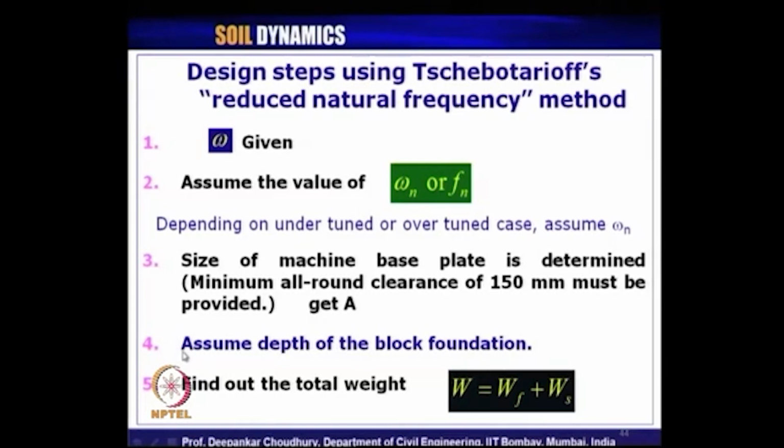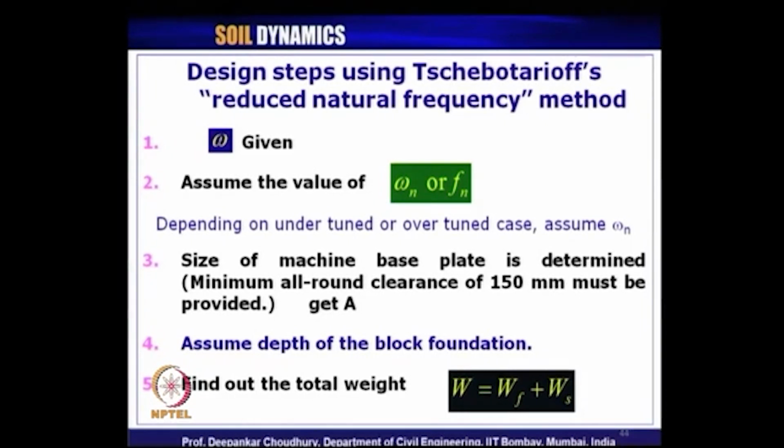Fourth step is assume depth of the block foundation, that you have to assume here. What is the typical assumption? Typical assumption is generally 150 millimeter or 15 centimeter. Start with that. That is the minimum depth of the foundation or footing has to be provided.